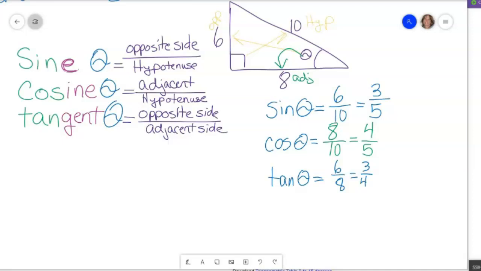Okay. So now, there are a couple of ways that people try to remember. There used to be a saying, which was SOHCAHTOA, and there was this whole Indian story about it. And then people got their feelings hurt because it was talking about Native Americans, and it was inappropriate.